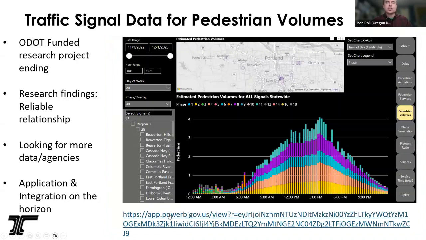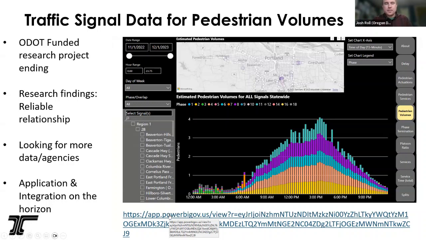I have a link here that I can share that is summarizing what we have for ODOT data with these models applied for the ODOT signals, and a really cool data visualization that Sean Strasser built. Sean Strasser is a signals staff person here at ODOT and has done some cool work integrating some of this research.